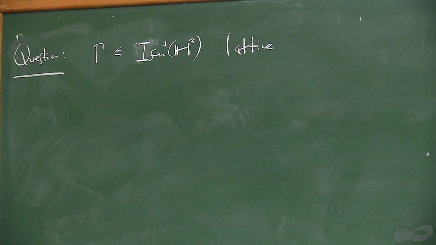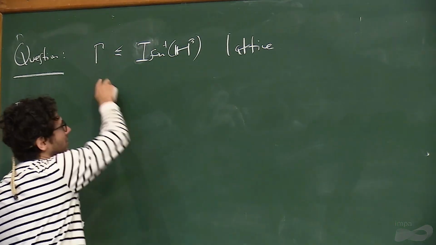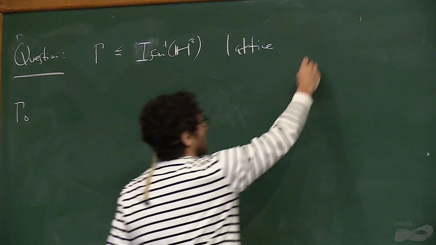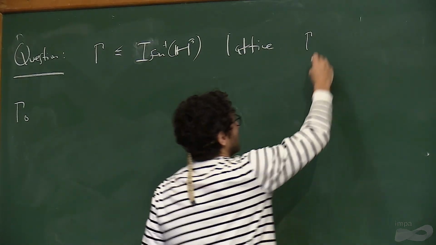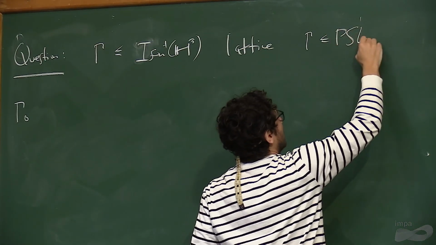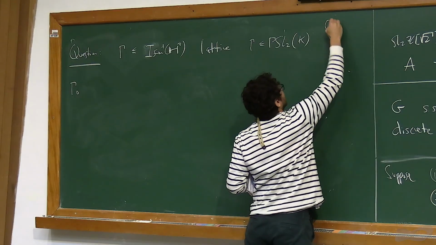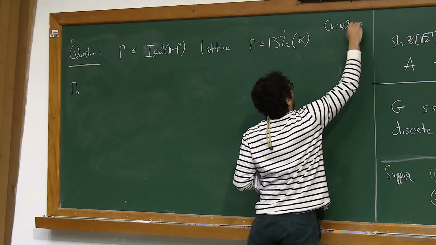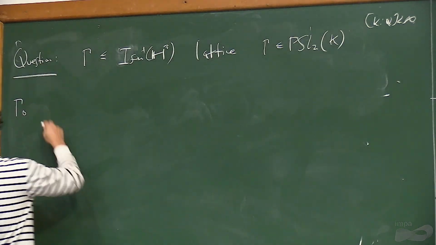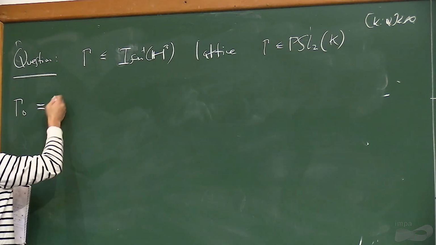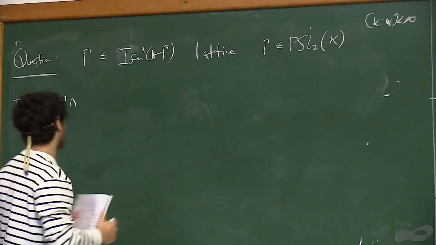And let's look at the subgroup gamma 0. Because it's a lattice, it is locally rigid, and locally rigid implies that you can conjugate it in such a way that it lies in PSL2 of some number field, some finite extension of Q. Then you can look at the intersection of gamma with matrices with integral coefficients.